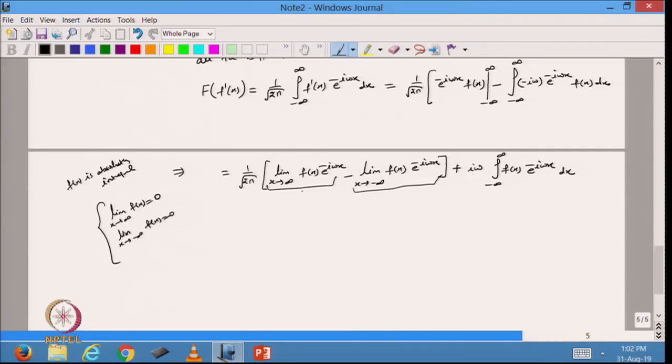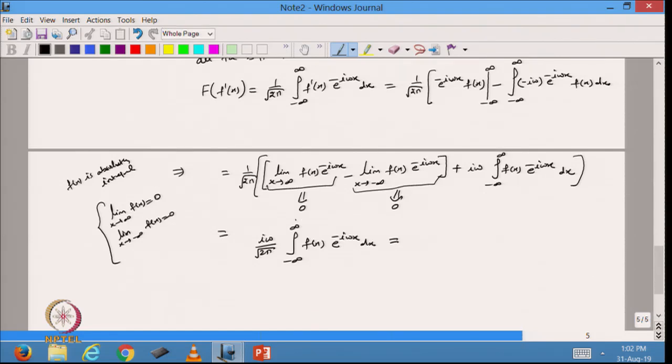So, I will apply it here, and then this will be equal to 0 and this quantity is also going to be 0. So, from here I can say that this expression I can take out and this becomes i omega times the integral from minus infinity to infinity of f(x) e raised to power minus i omega x dx.